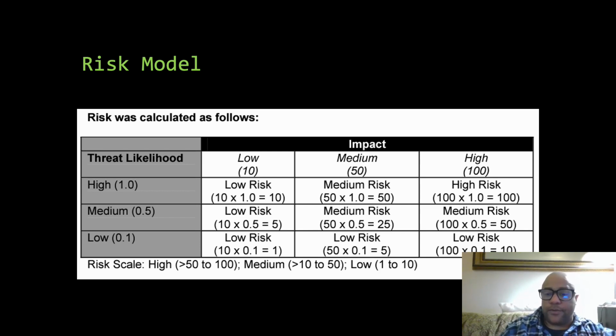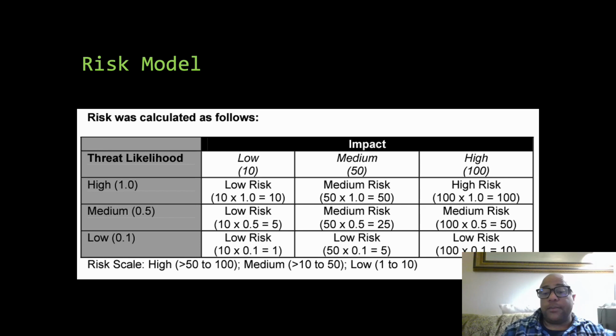As you see, you have the key at the bottom where it says risk scale. So low is any number between 1 and 10. Medium would be greater than 10 to 50, and then high would be greater than 50 up to 100. And so for medium impact, at the low likelihood level, you get a score of 5, but then it quickly goes up to 25 and then 50.